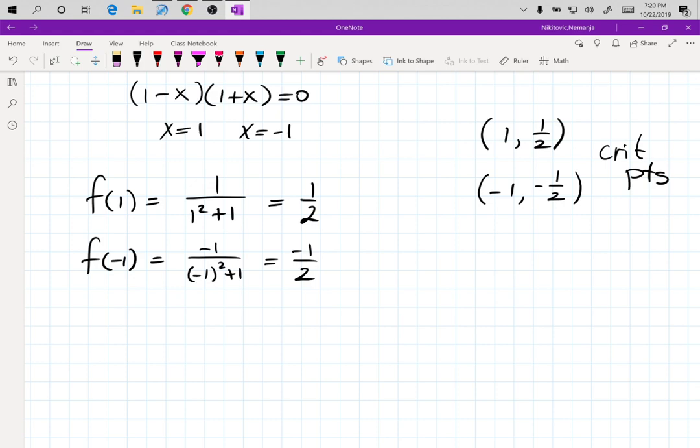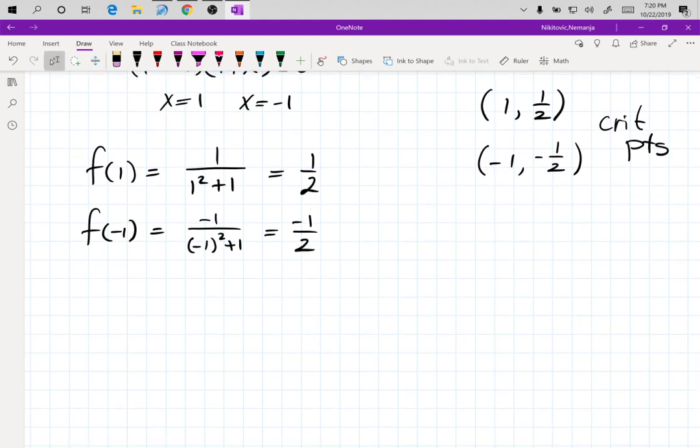Now let me show you what I mean by annoying calculation. You know that you have a point, if this is 1 and this is 1, you know that there is a point at 1 half. Now you don't know if it's a min or a max. What you can do is compute the function at, let's say, a half and 3 halves.